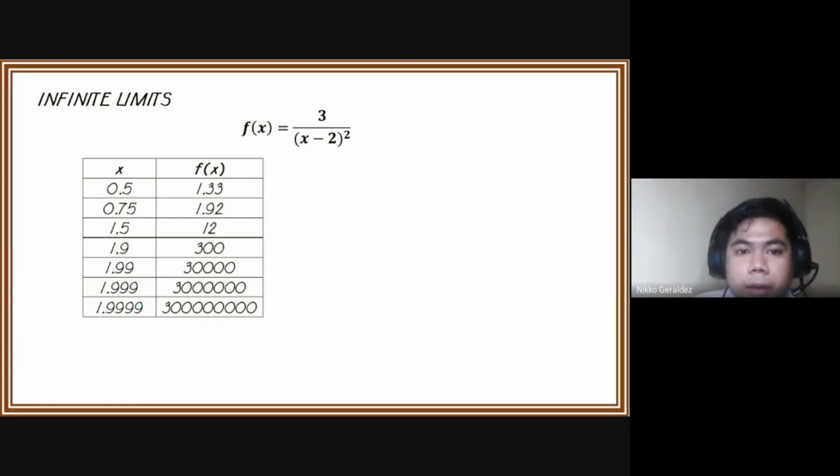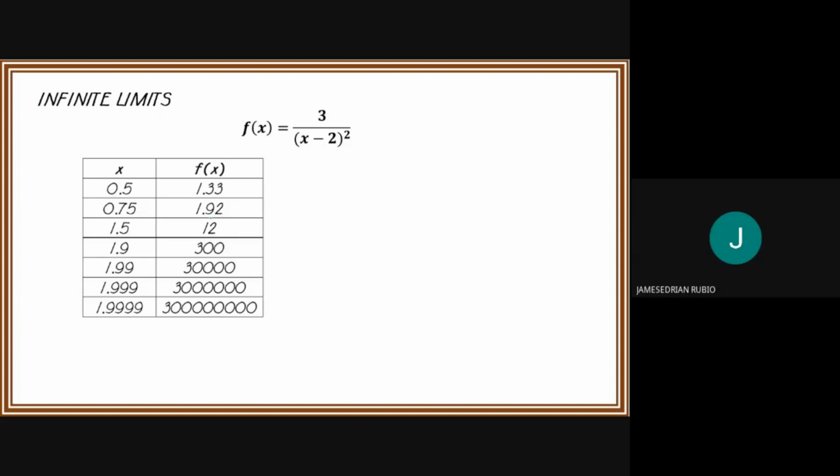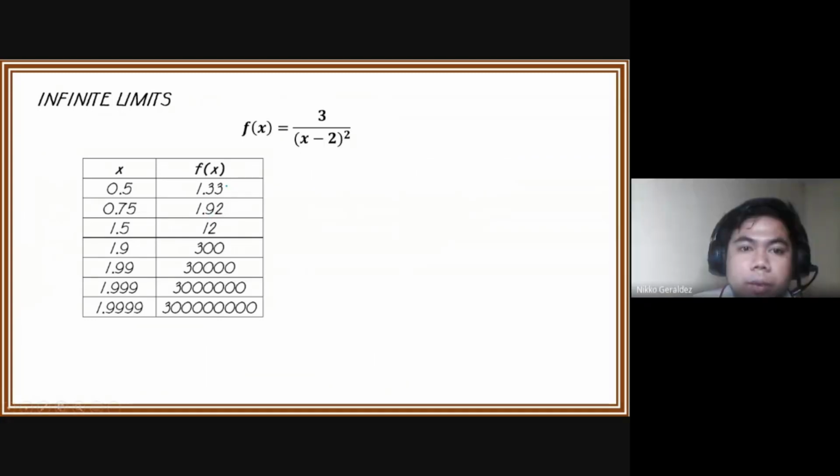And the values of f of x are 1.3, 1.90, 12, 300, 3 million, and 300 million. So what did you notice about f of x? It is getting larger and larger, approaching infinity. So f of x is increasing.